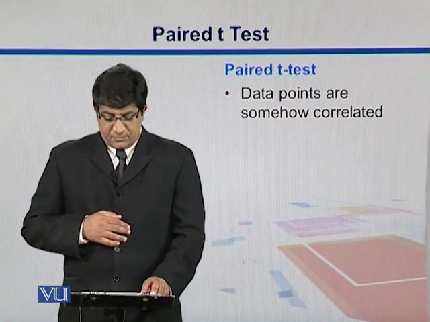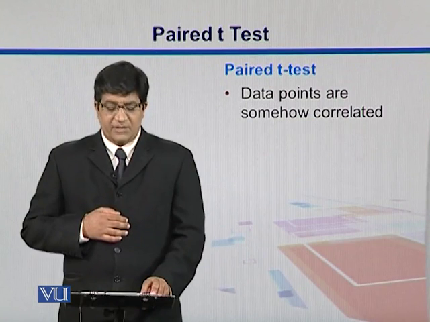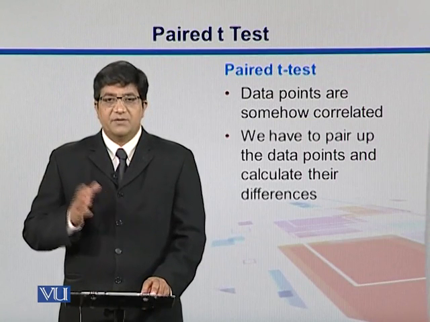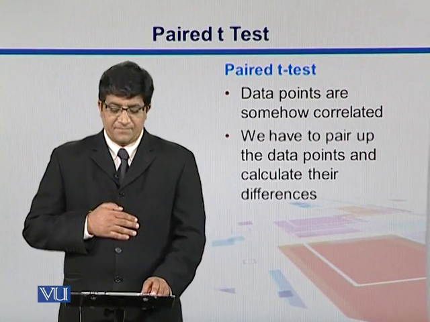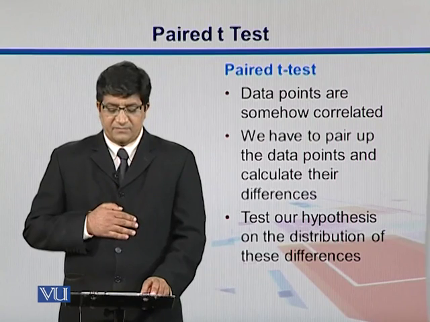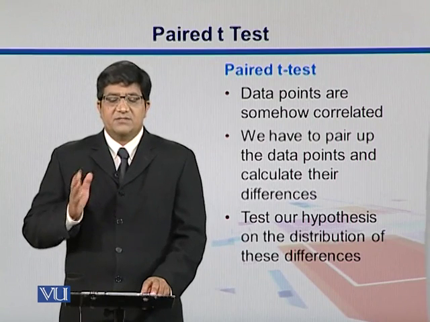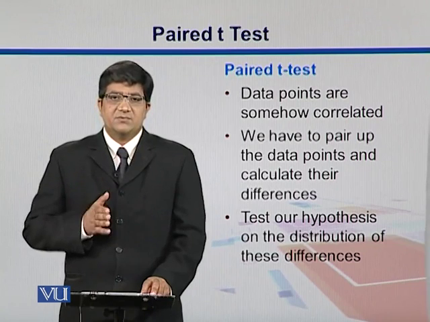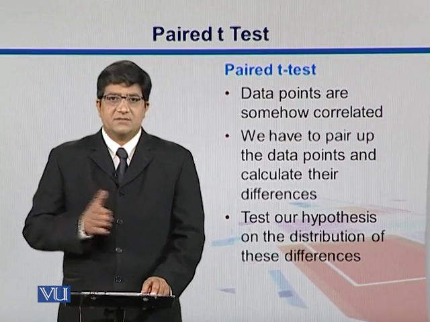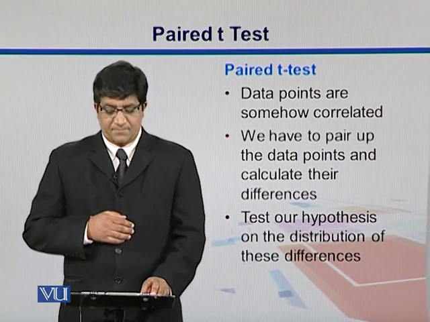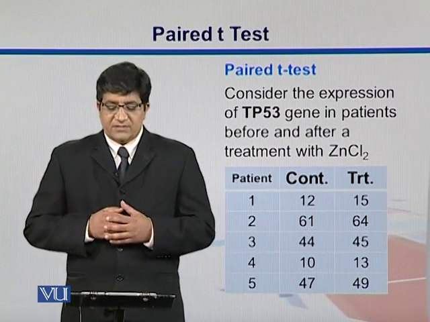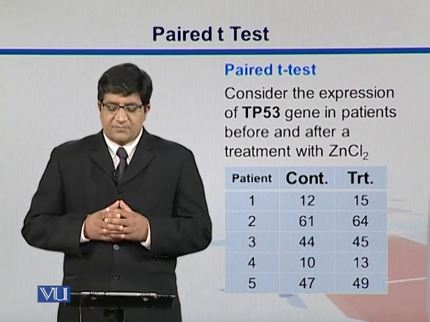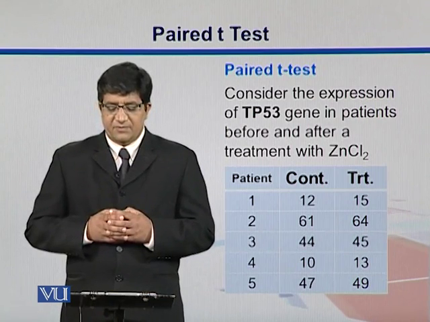So we see that the data points here are correlated, and we have to pair up the data points with one another, calculate their differences, and test our hypothesis using the distribution that represents the differences between data points. Again, we consider this TP53 example in patients before and after a treatment with zinc chloride.